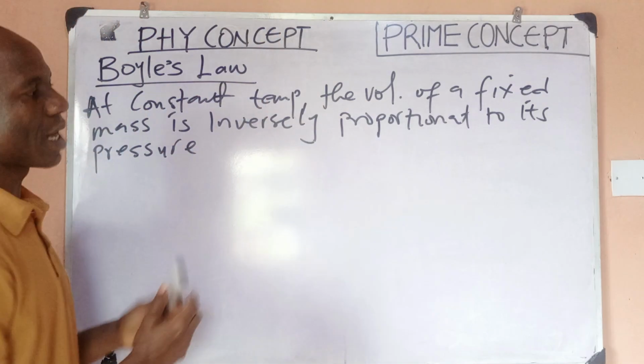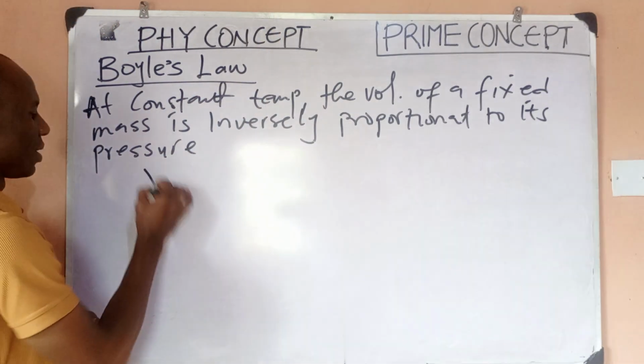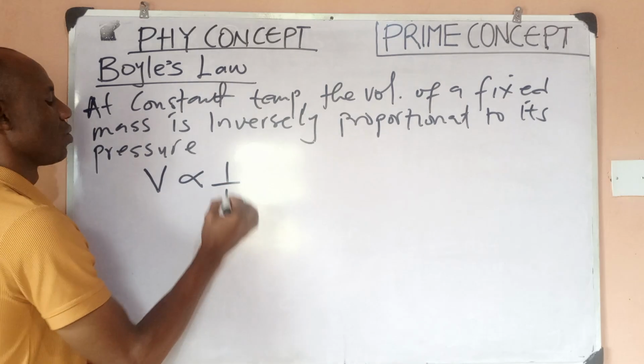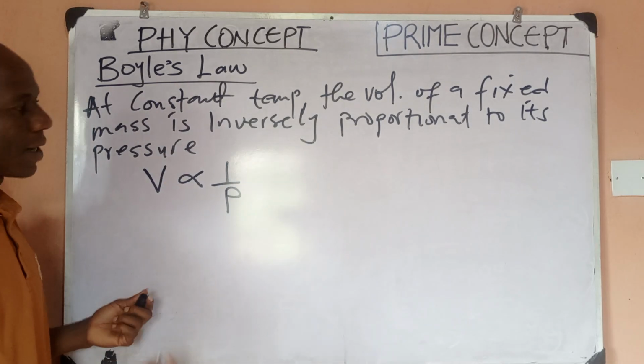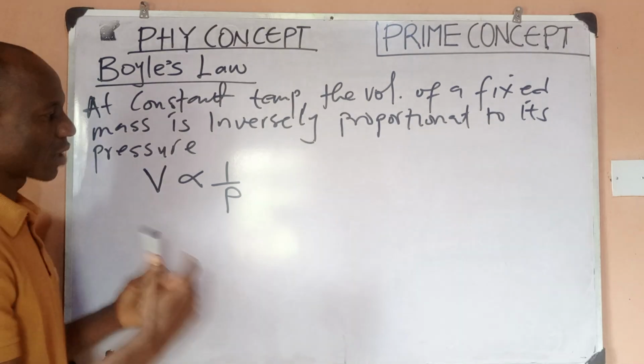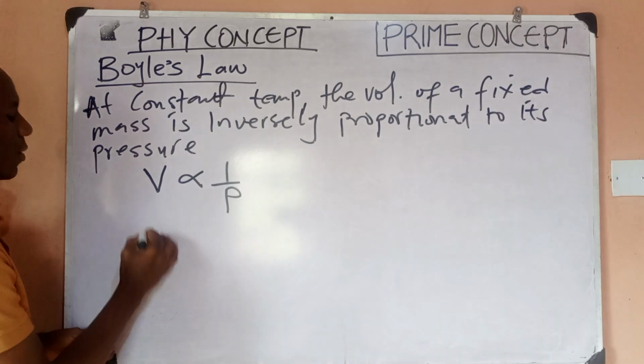So what is the mathematical relationship for this law? It is given mathematically as V inversely related to pressure, which is 1 over P. When you remove the proportionality sign, we introduce a constant of proportionality.